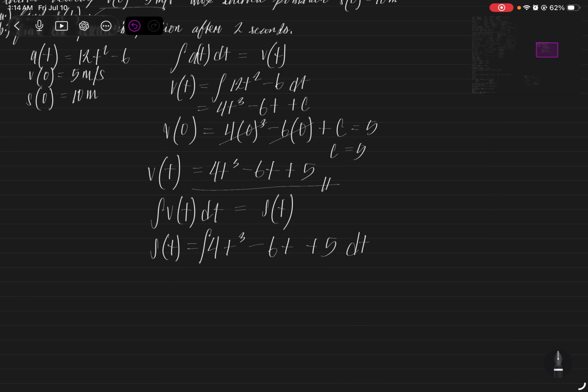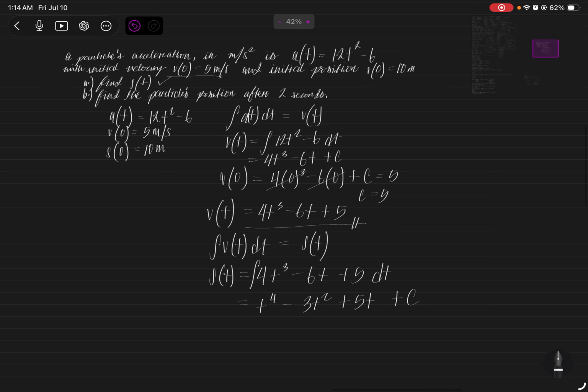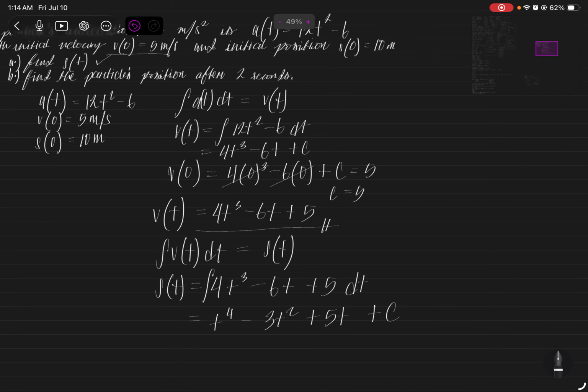Then just integrate it. We would get 4 divided by 4 is 1. So t raised to 4 minus 6 divided by 2 is 3 t squared plus 5t plus c. Now we have a given position, which is s of 0 equals 10 meters. So we could use that to get the constant.